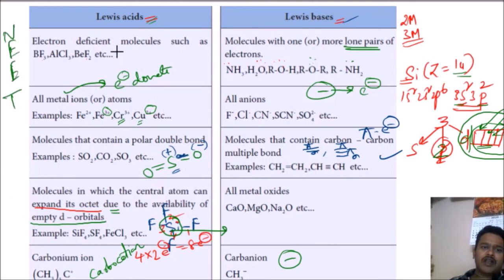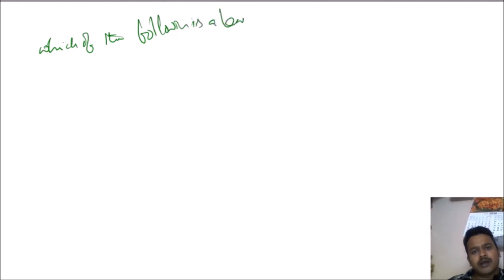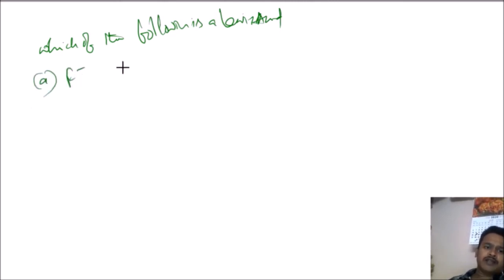They will ask, which of the following is a Lewis acid? In all these categories they will mix when asking an objective question. Option A, F minus.